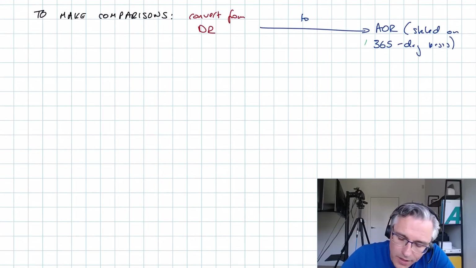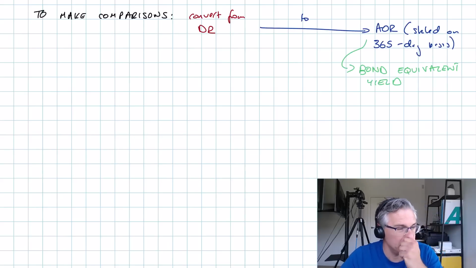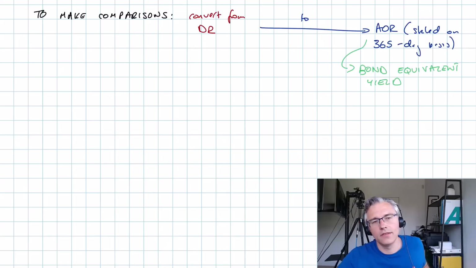Once you do this, you get what's known as the bond equivalent yield, which is a term you've already seen in the previous videos on yield to maturity computations.